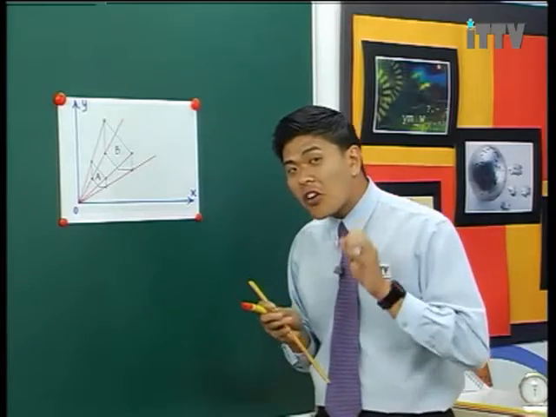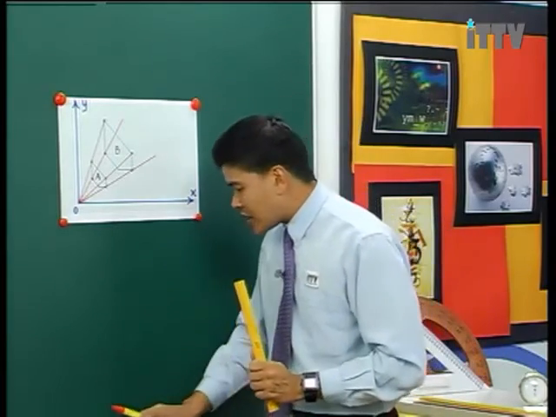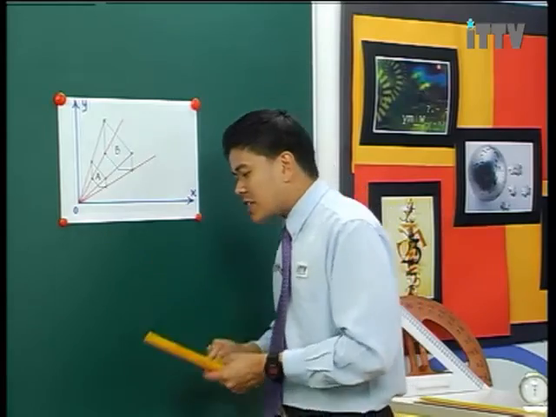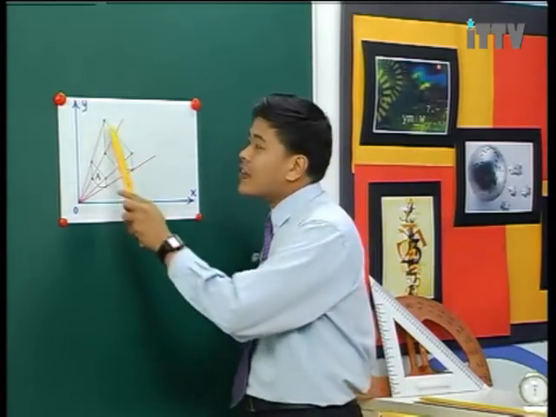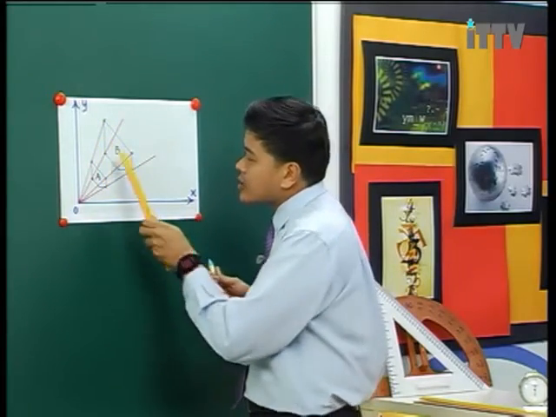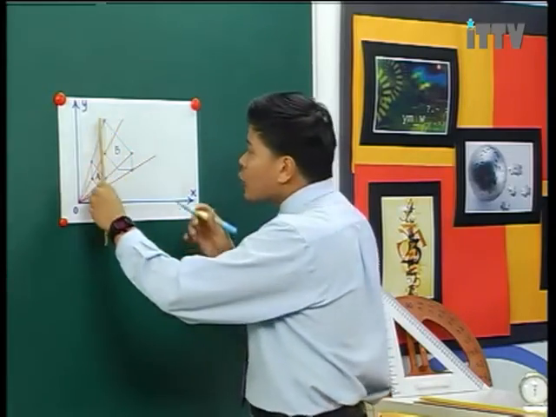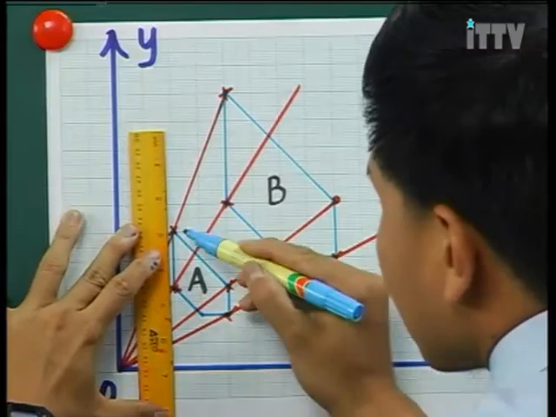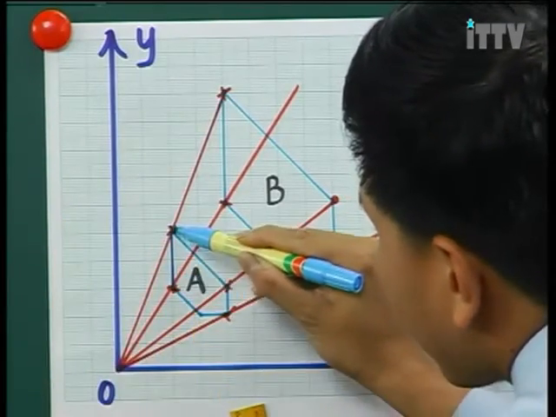So we have got one piece of information. What about the scale factor? In order to determine the scale factor, we just have to pick one of the sides. The best sides to pick are the vertical ones or the horizontal ones. Don't pick the diagonals, because the diagonals are very hard to compare in length. If I pick this side, how many units are there?